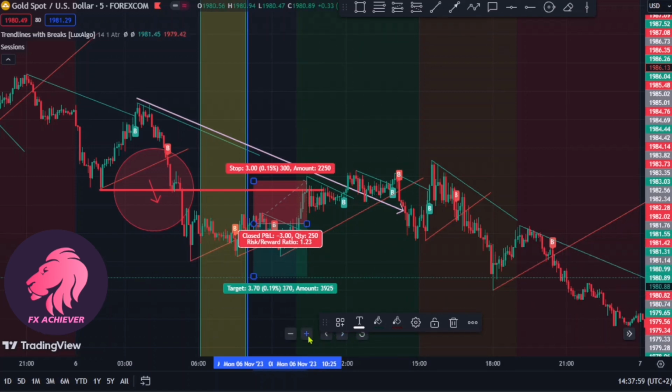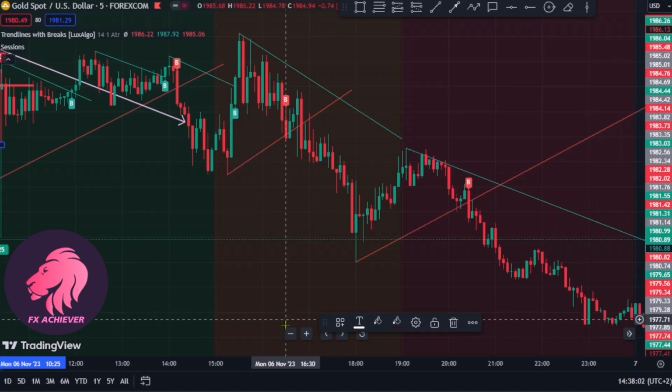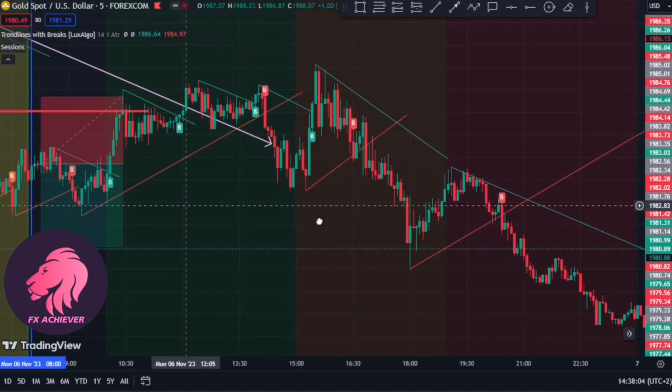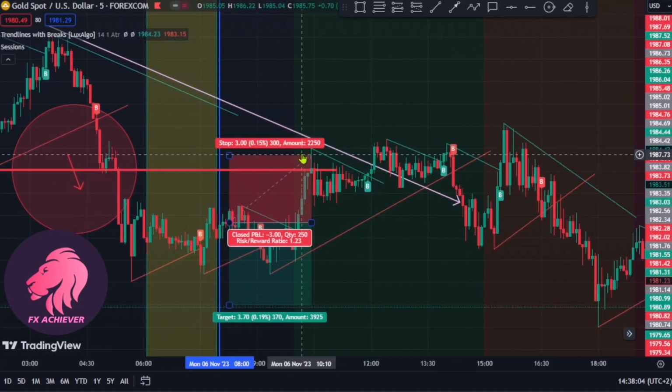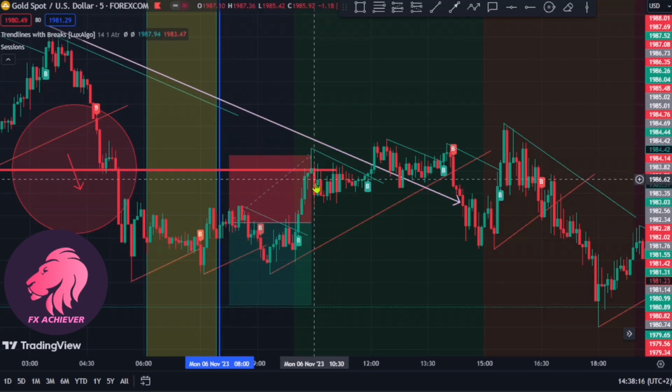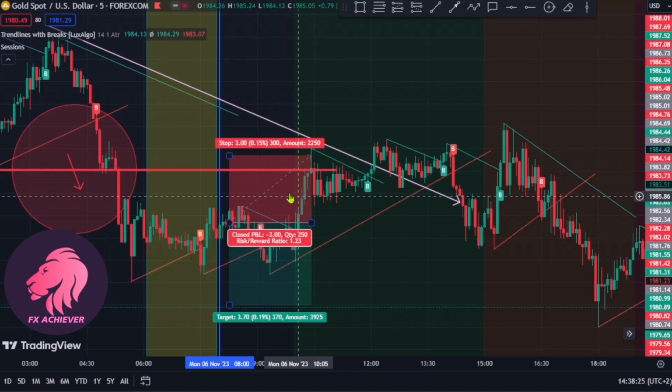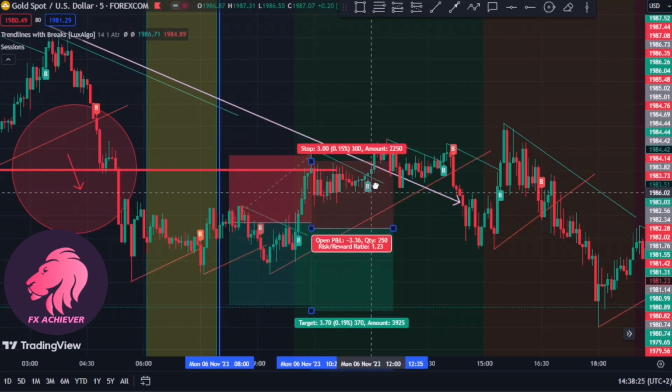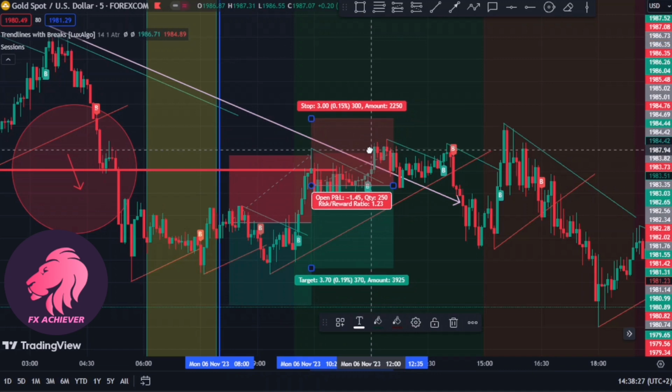Let me zoom a bit, if you can't see. So you can see here, this is a green candlestick that stopped me out, but immediately it's still showing me some rejections. I wait for red candlestick closures so that I can continue. After the closure, the next one, as you can see, was a green one.